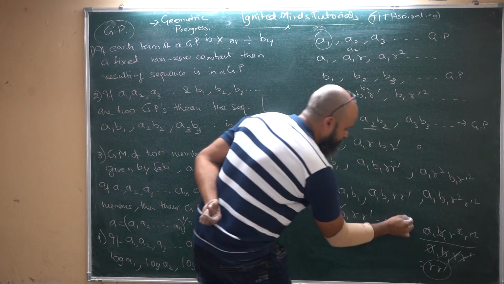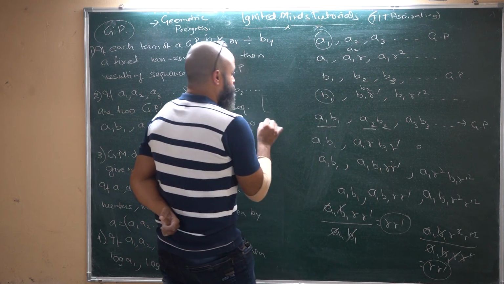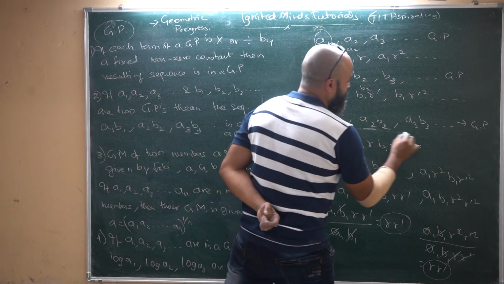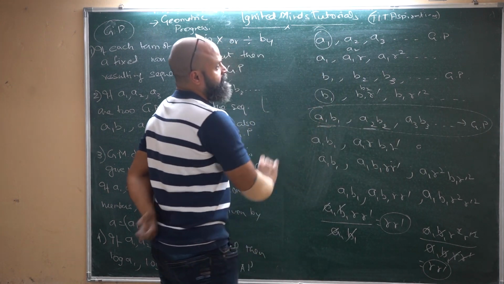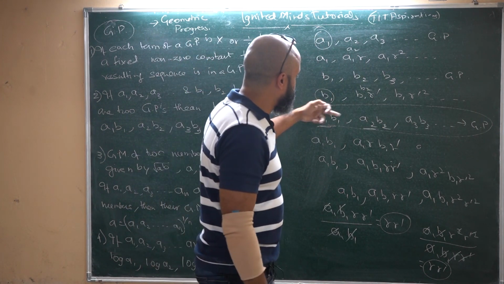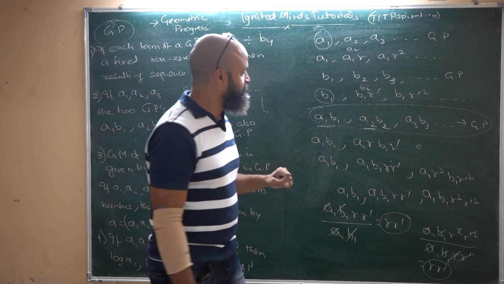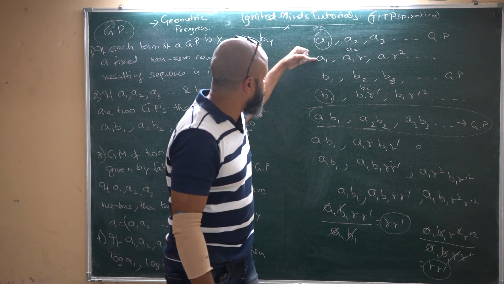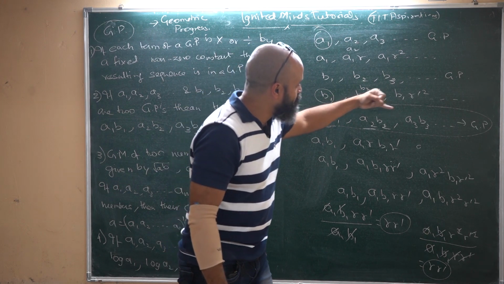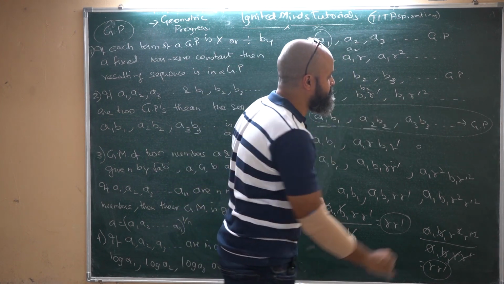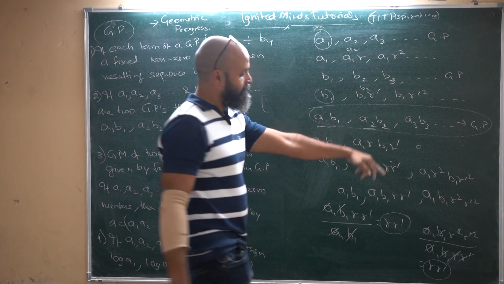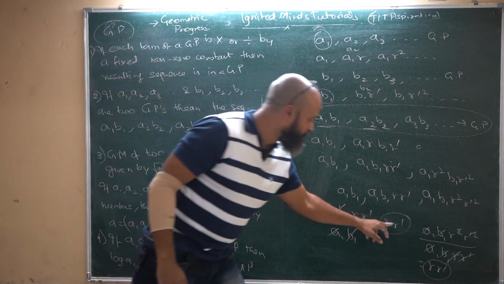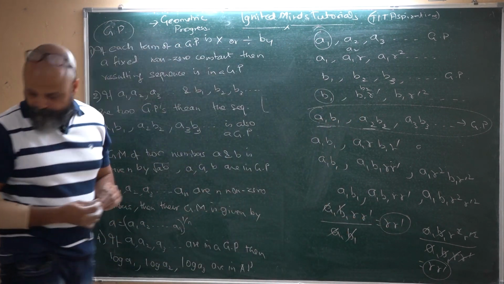So this is the common ratio for both of them. Hence, this entire thing, A1B1, A2B2, A3B3, also is a GP. So if there are two GPs and if we happen to combine the terms by multiplying the corresponding terms, so this one will be A1 into B1, A2 into B2, A3 into B3, then the resulting sequence will also be a GP. Why? Because it is giving you the same common ratio, RR dash, throughout.